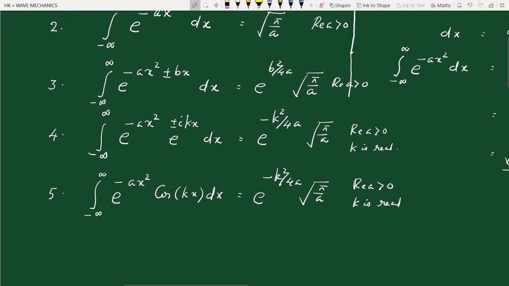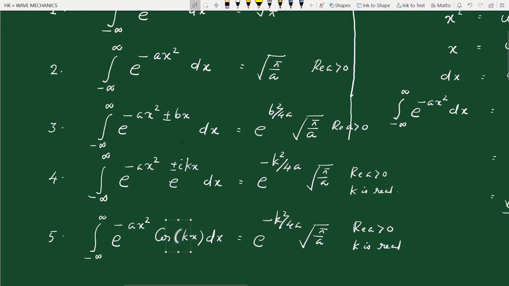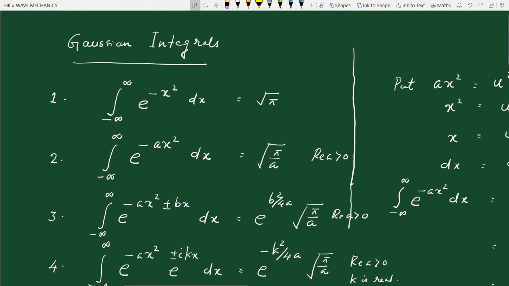And here you have a complex exponential, which is basically the Fourier transform of the Gaussian function, and you get this. Here the Gaussian function is multiplied with a trigonometric function cos kx, and you can evaluate it using the same technique of the exponential. These are some basic Gaussian integrals, and this is connected to the gamma function. You can see that, right?